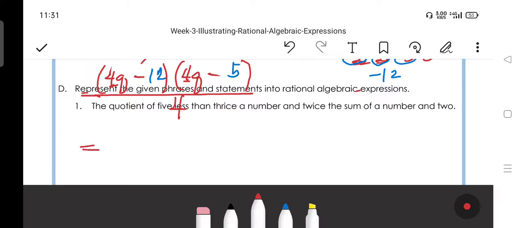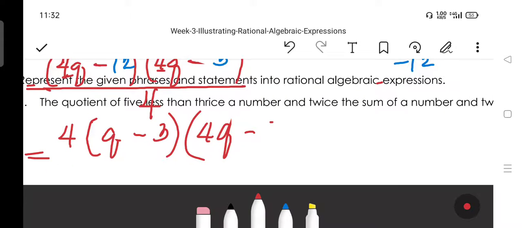Then in our numerator, look for any factor that can be factored out by GCF. We have here 4q minus 12. There is a common factor which is 4. Removing that, we have q minus 3 and 4q minus 5. There is no common factor, so copy 4q minus 5.